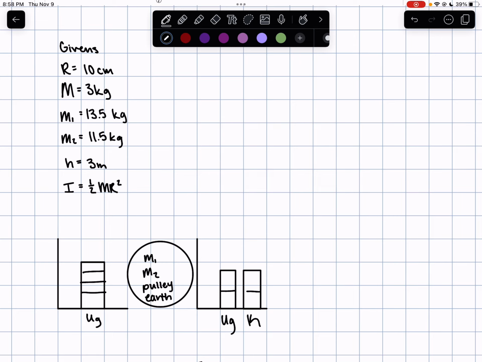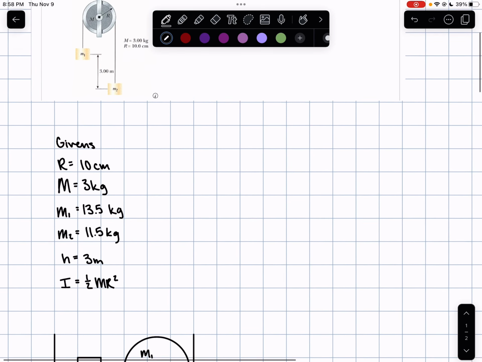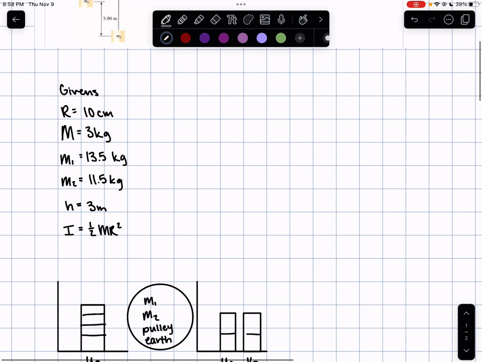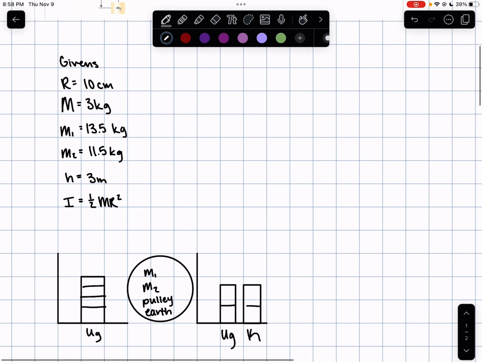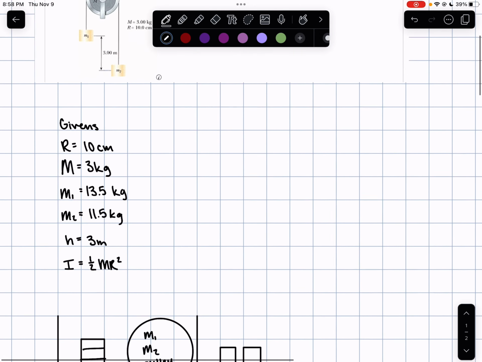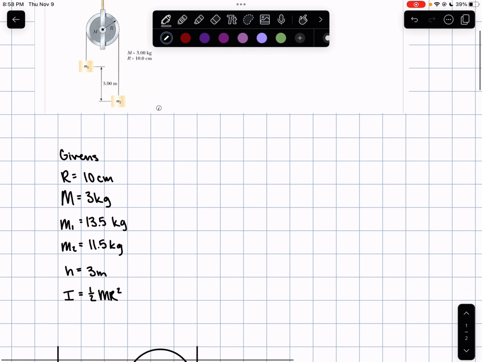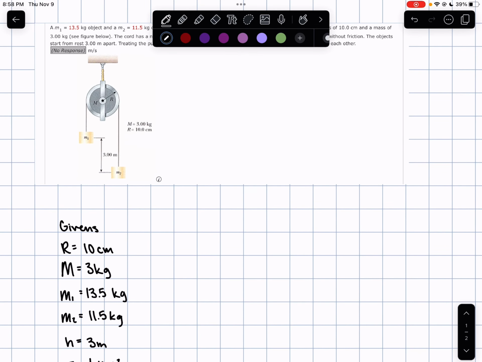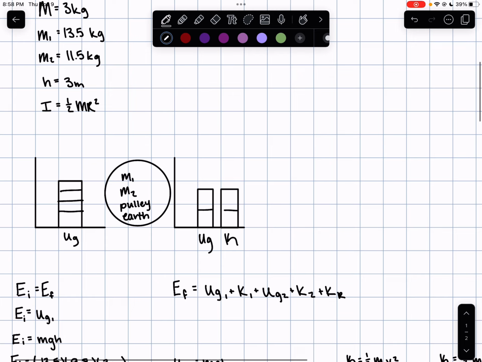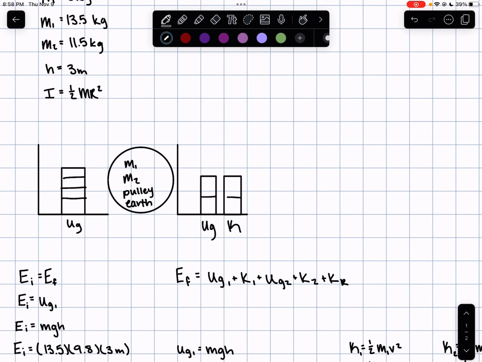So we start all at rest, and we start with only gravitational energy because the system is not moving. But at our final position, when they're meeting up, they are moving downwards because they're accelerating downwards, as you can see here, because this one's heavier, pulling this one upwards. So now we have a potential energy and kinetic energy in our final.